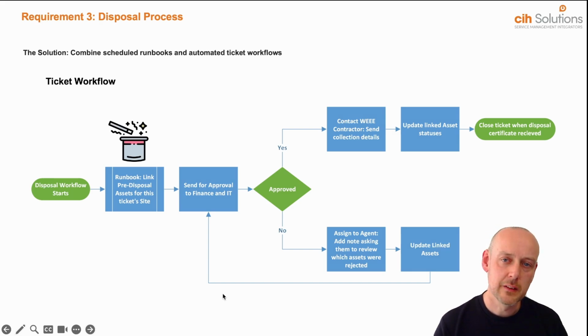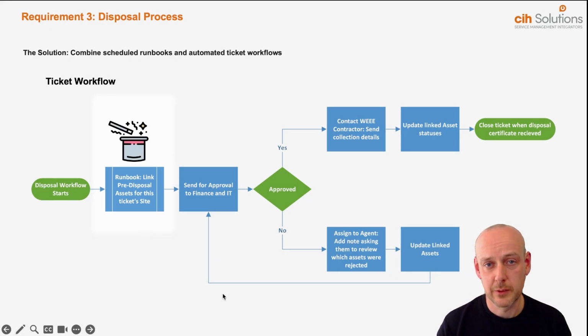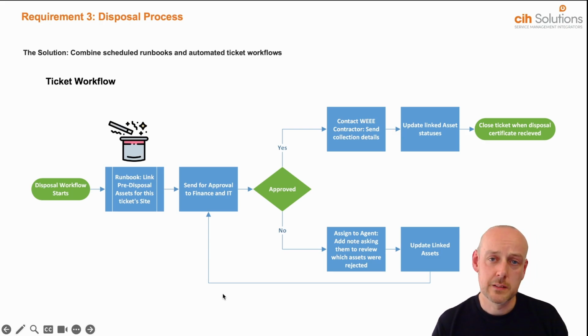What happens then is that the workflow takes over and executes another runbook. The runbook knows what site the ticket has been raised for, and it requeries the CMDB to find every asset that is associated with the site and in the pre-disposal state. When it retrieves that information, it adds a link to those assets onto that ticket.